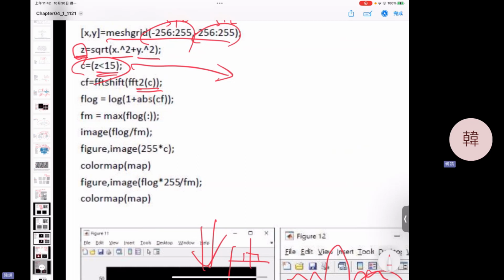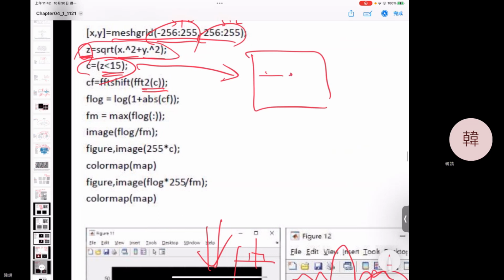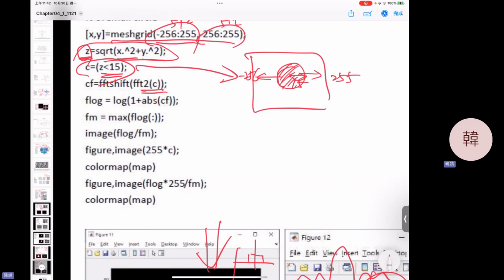So it depends on your radius. C is the radius. How do you calculate it? Because you have all the locations, from minus 256 to positive 256, the indices. You check whether the radius is smaller than 15, and all these will be turned on as 1.